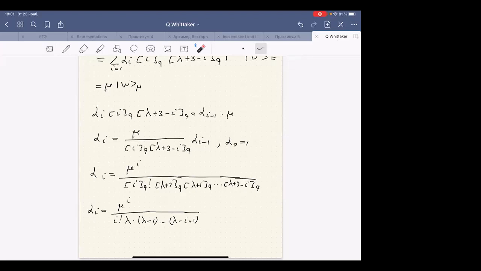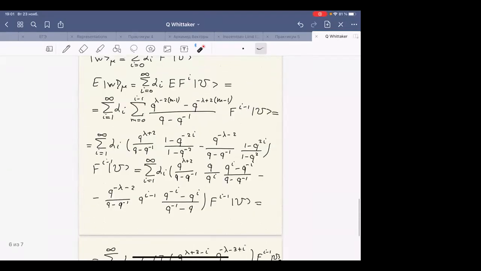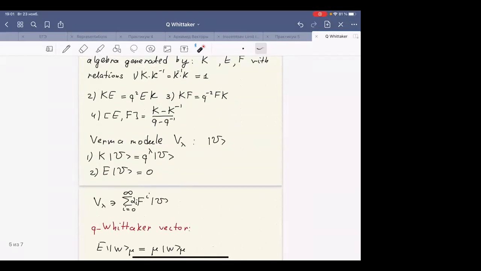So, could you show once more the definition of vector v in the quantum case? v, which is highest weight, yes? Highest weight, yes. So it's q to the lambda. Oh, then it's a bit strange. Yes, I agree.